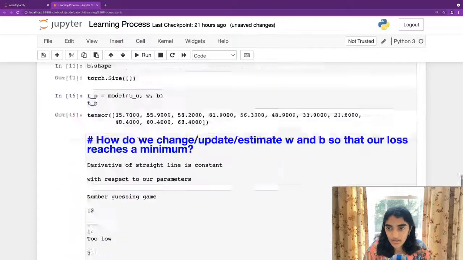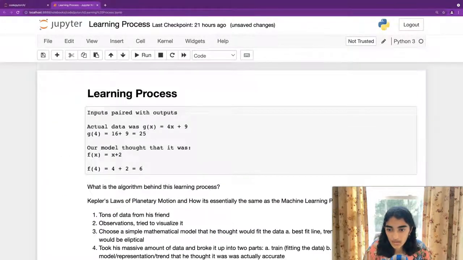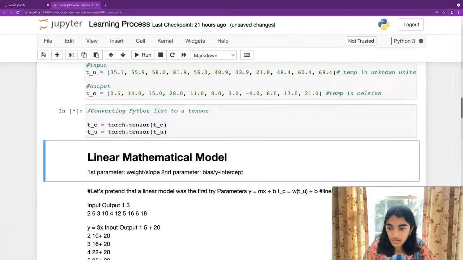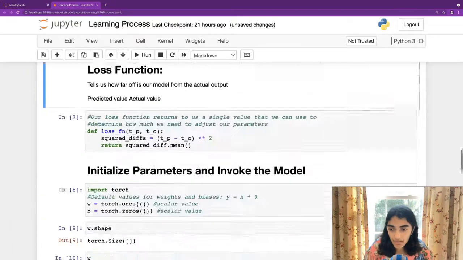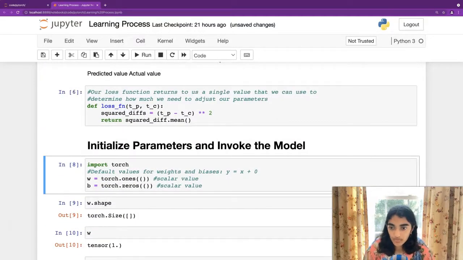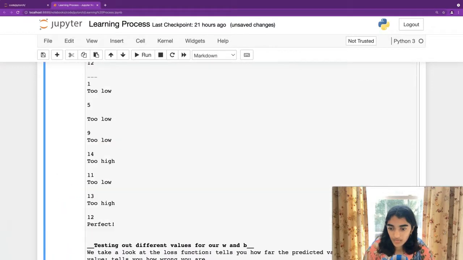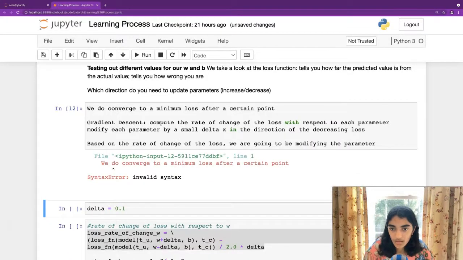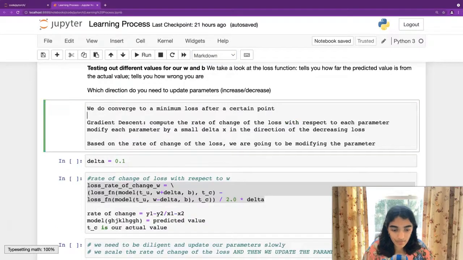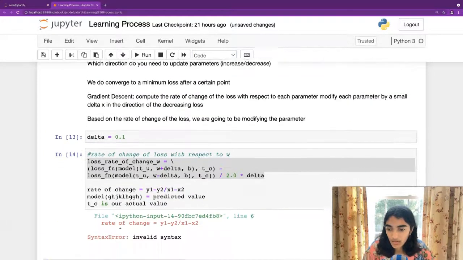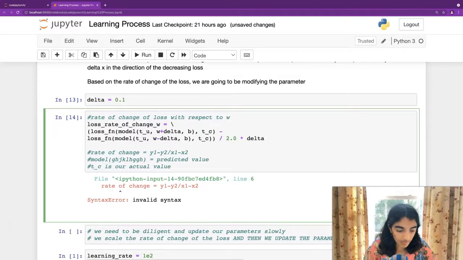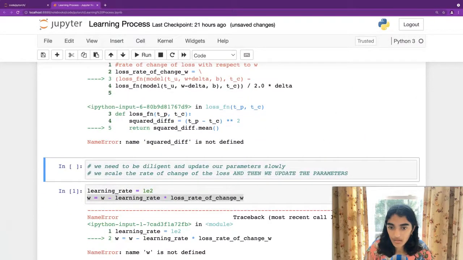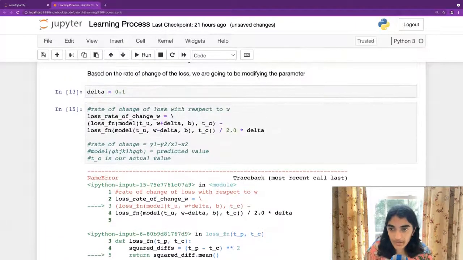And okay, actually, let's start from the beginning. Maybe it didn't run. Okay, this should be a markdown cell. Rate of change. Okay, run it. Squared diff is not defined.